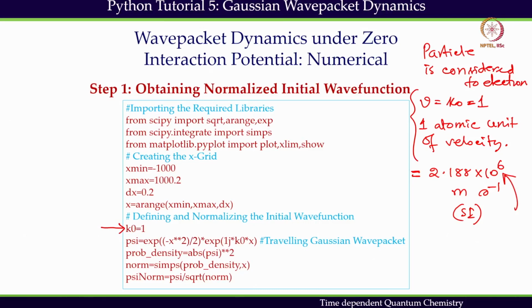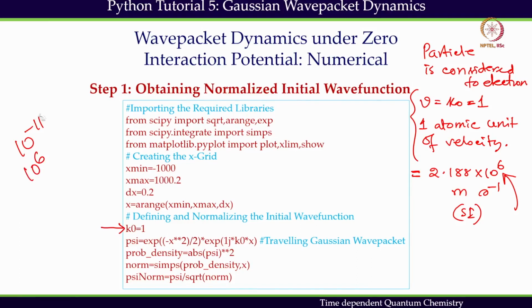So, what is the idea of atomic unit? Atomic unit was proposed by Hartree when quantum mechanics was being developed. Hartree came up with this idea that we should use atomic unit in these calculations, because we are going to deal with very large numbers or very small numbers, like 10 to the power minus something.